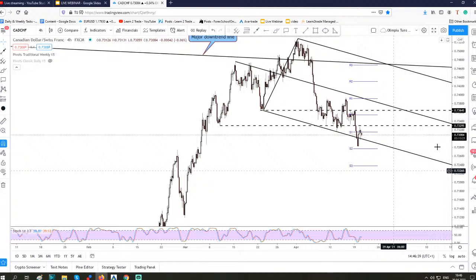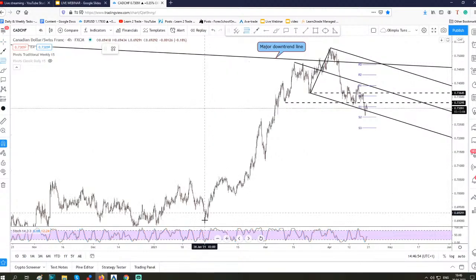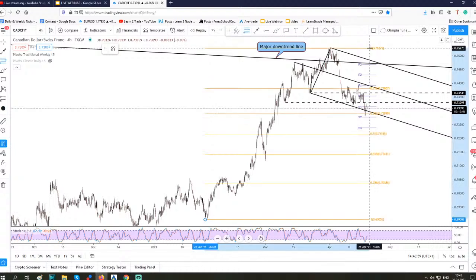And if you want to identify a few potential downside targets, you can draw a Fibonacci retracement.